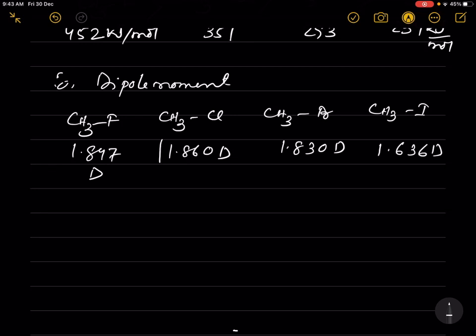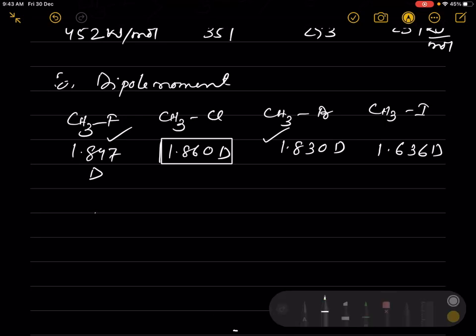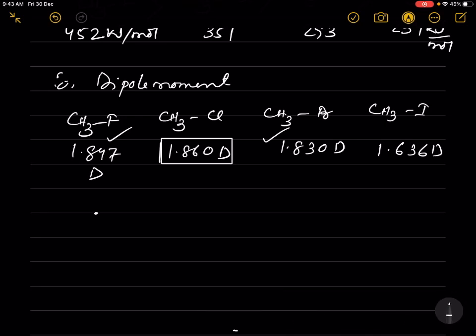Here the dipole moment of CH3Cl is more than that of CH3F and CH3Br. The dipole moment of CH3F is less than CH3Cl. The dipole moment of CH3Cl is more than that of CH3Br.